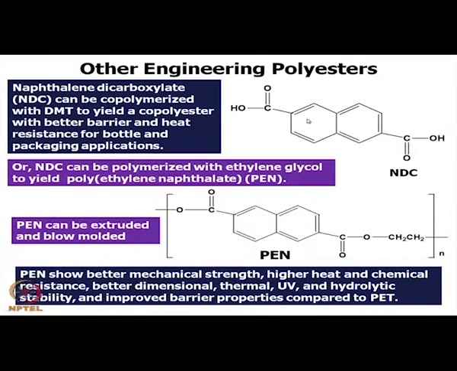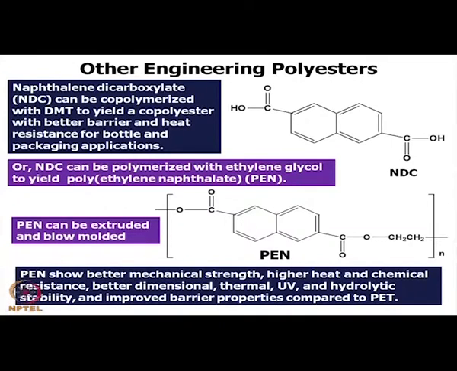This is a symmetrical molecule, and this naphthalene dicarboxylate can be copolymerized with DMT, dimethyl terephthalate. In fact, when PET or PBT is manufactured, DMT, dimethyl terephthalate, is one of the raw materials instead of terephthalic acid.